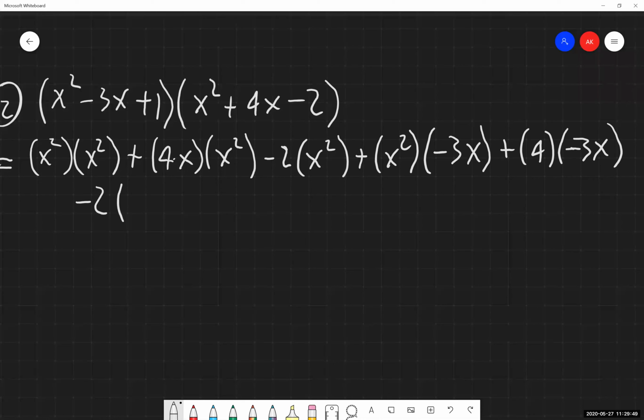Minus 2 times negative 3x. So I've just distributed the second term from the first polynomial through to the second polynomial. And now, last but not least, I'm distributing the third term from the first polynomial through to everything in the second polynomial.